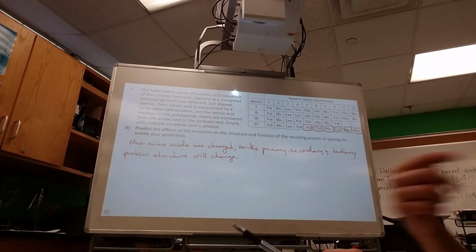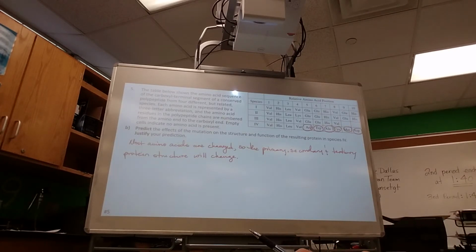Okay, so what does a change in structure do to the function? So do you think this protein will be able to do its job? No. Since so much of the structure has changed, the protein will likely not function.